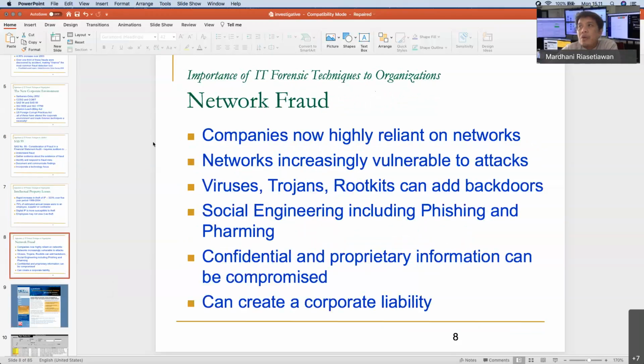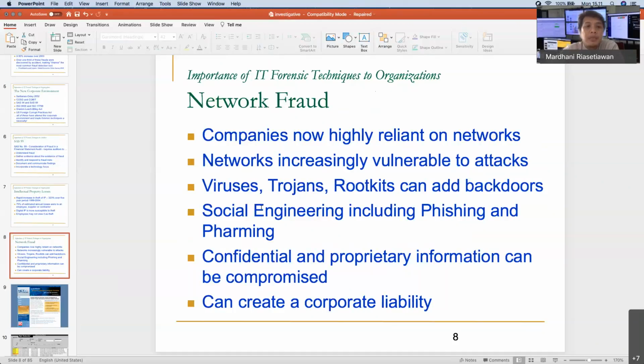Network fraud also occurs, since companies highly rely on networks, so there are vulnerability attacks on the network, and viruses and trojans can also be an issue. A virus or trojan is not only trying to damage the system, but also to steal the data and carry out fraud activities inside the node or the computer.